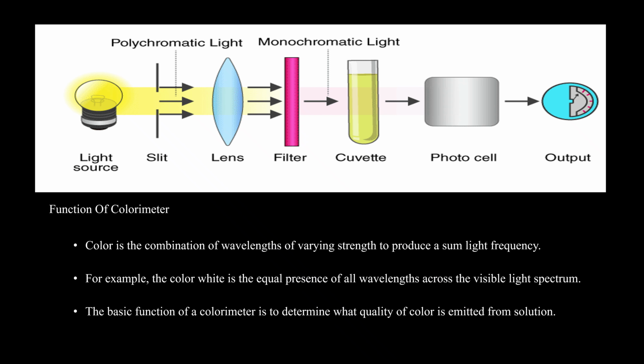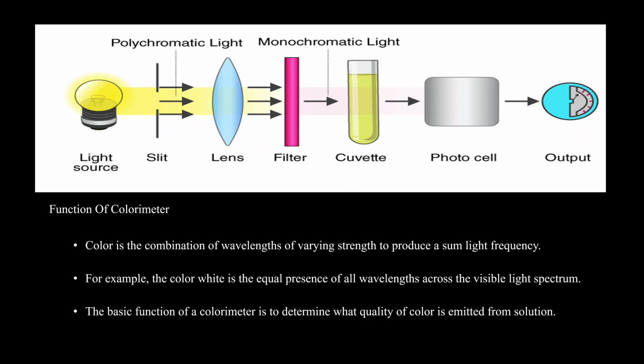The function of the colorimeter: a combination of wavelengths of varying frequency, so white light represents all wavelengths across the visible light spectrum. The colorimeter determines the quality of color emitted from a solution. There is polychromatic light and monochromatic light.